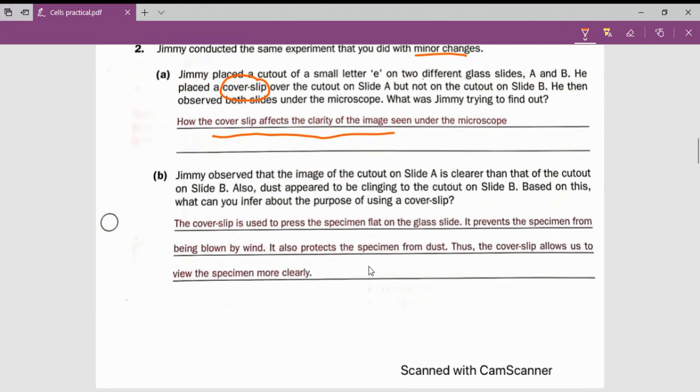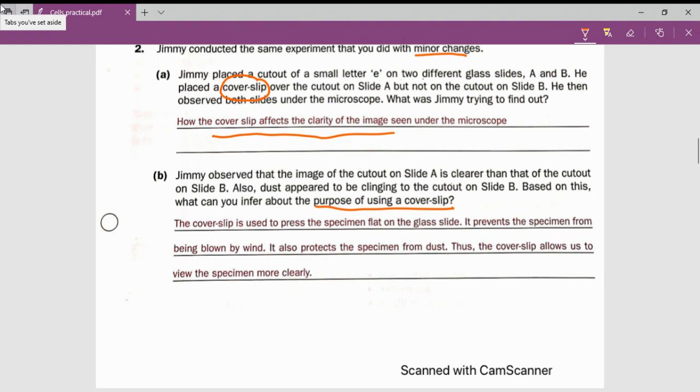He also observed the cutout of slide A is clearer than the cutout of slide B, which was not covered with the cover slip. Based on this, what can you infer about the purpose? So basically, why a cover slip is necessary.